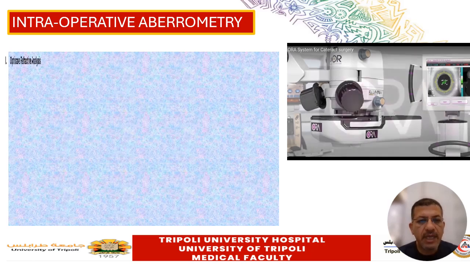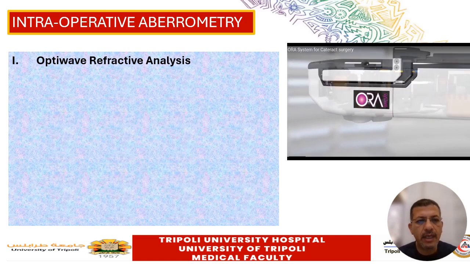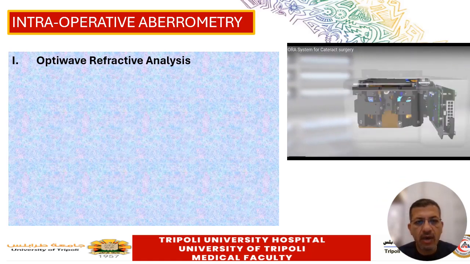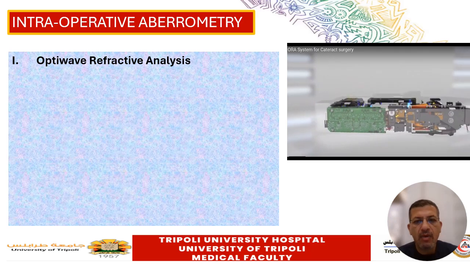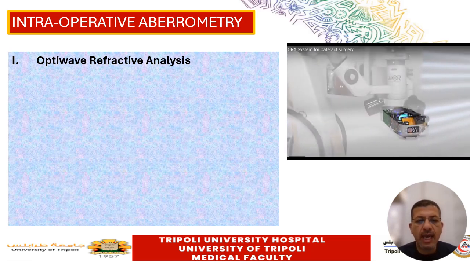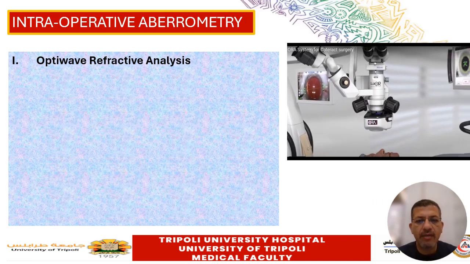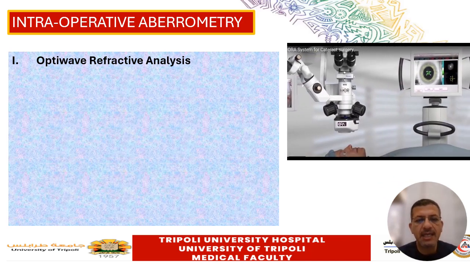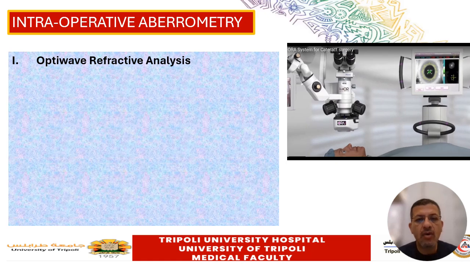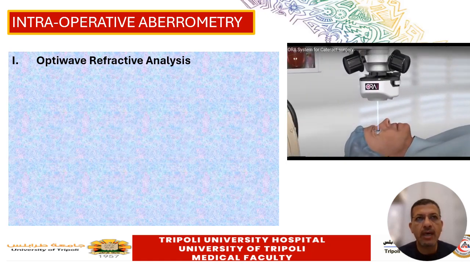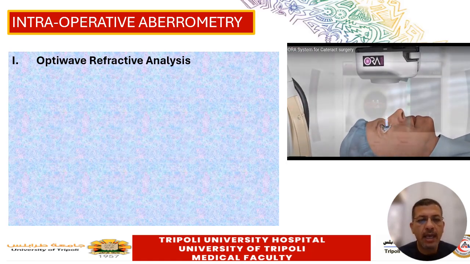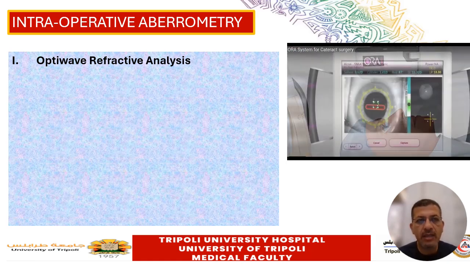Here I want to speak about one of the most important technologies currently available, which is intraoperative biometry. Now, when you have a patient in whom you cannot accurately predict the power calculation before surgery, for example, as I said, post-refractive cases, or especially when you are going to do combined keratoplasty and IOL implantation, so if you are going to do a triple procedure and you cannot accurately predict the power of the IOL, you need an intraoperative measurement of the power of the IOL.